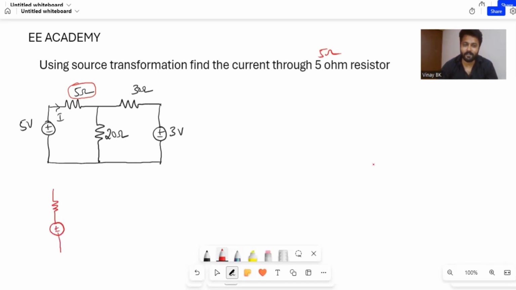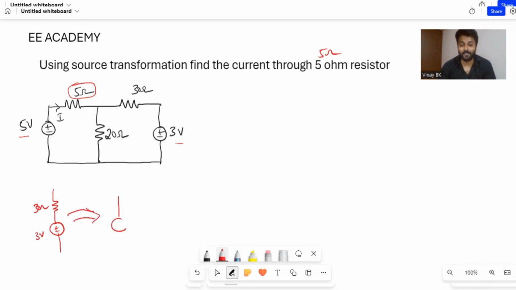You can consider any one of the voltage sources here. This circuit has two voltage sources: one is a 5 volt voltage source, the other one is a 3 volt, 30 ohm voltage source. Suppose you want to transform this 3 volt, 30 ohm voltage source into a current source.